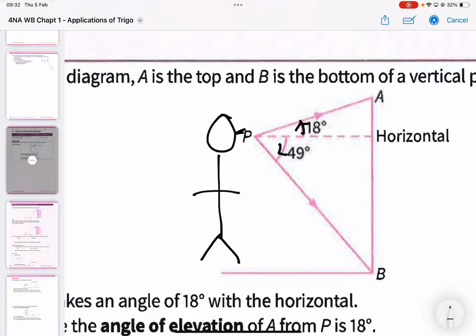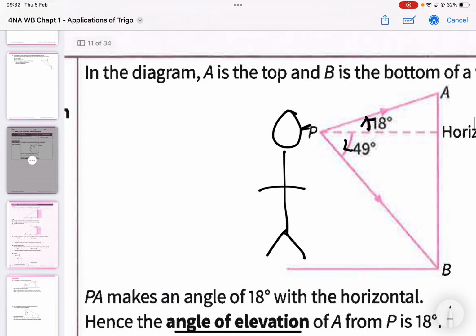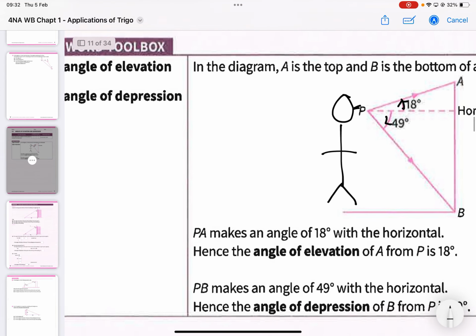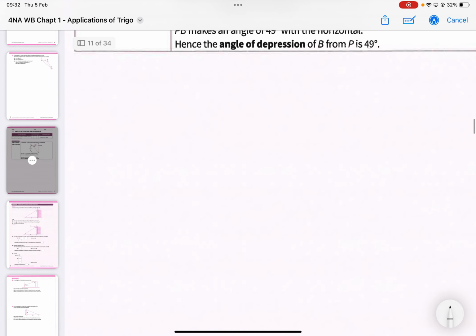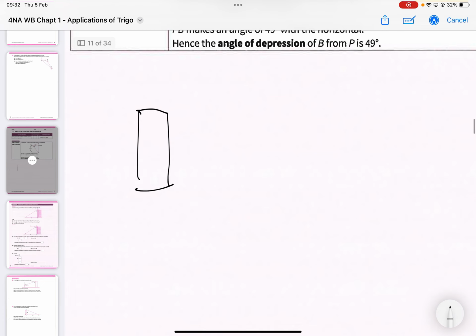Your textbook puts the angle of elevation and the depression together. That's why I use my eye as an example. But most of the time, they are talking about buildings. So, let's say I have a building over here.